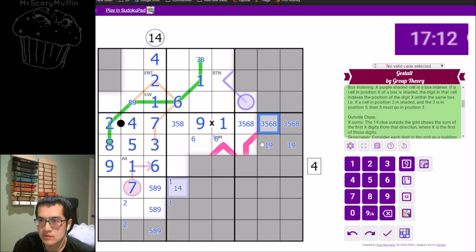It would barely work because 1 and 2 does see into this one, so interesting. So if we lose the 3 here, then 6 can no longer here, and 6 will have to be here. Just keep that in mind. That would be very powerful.